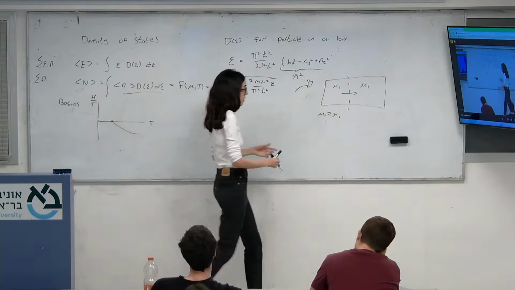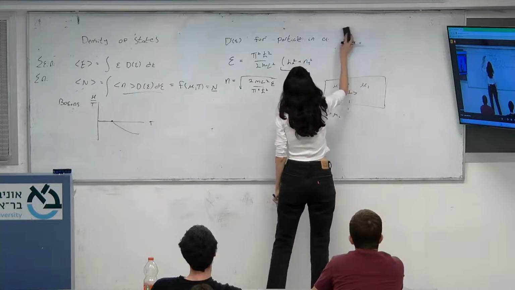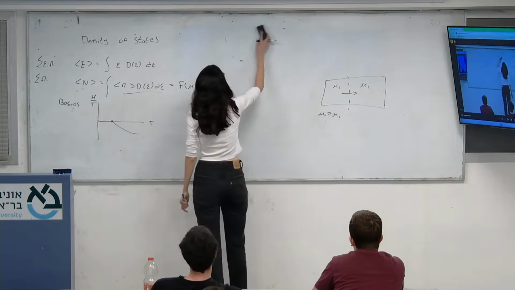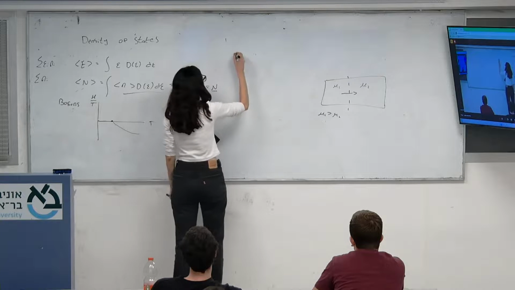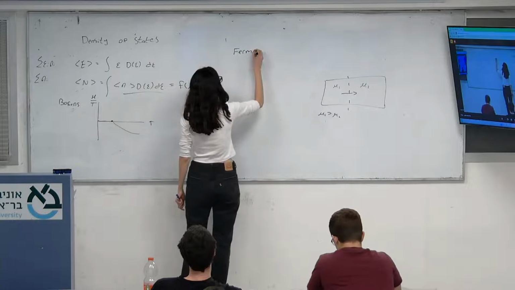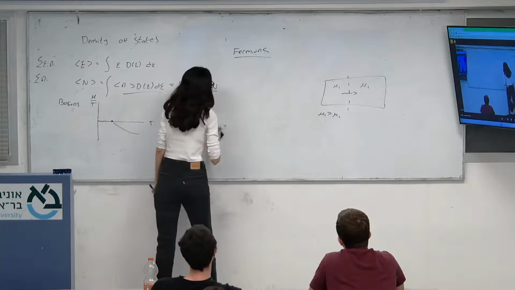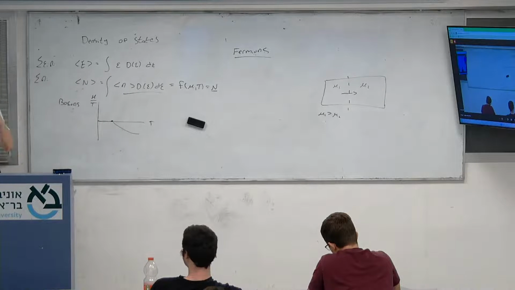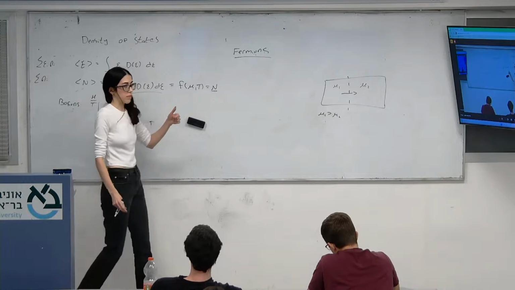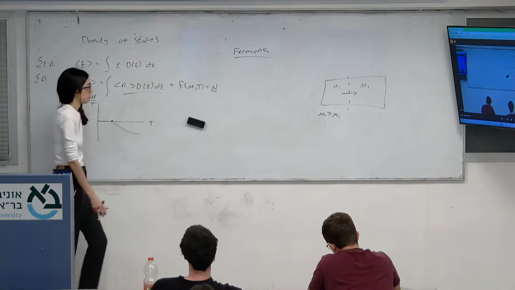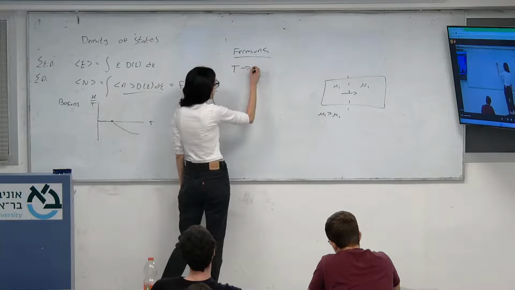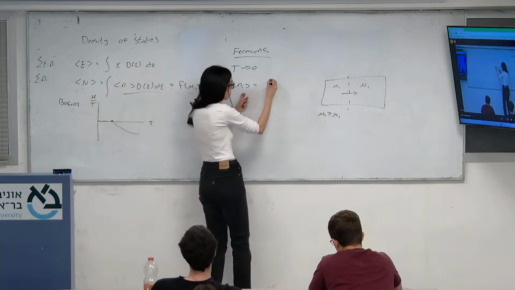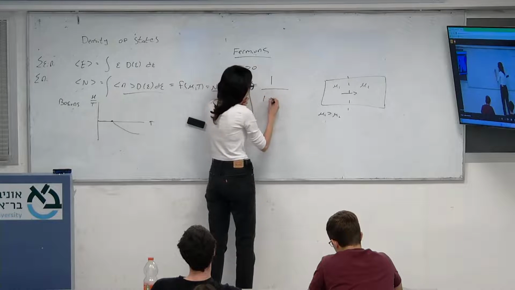But if we look at the fermions, let's look at the limit of low temperature, like we did here. So T goes to 0. The average occupation number, this is the Fermi-Dirac distribution we got.